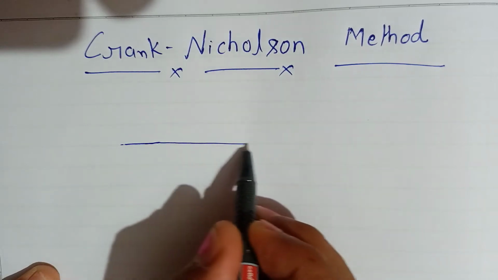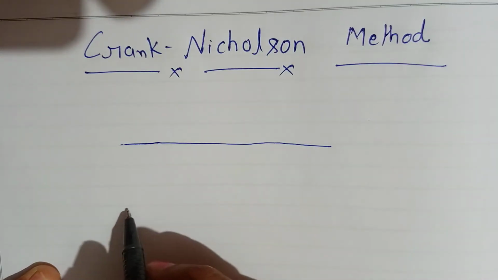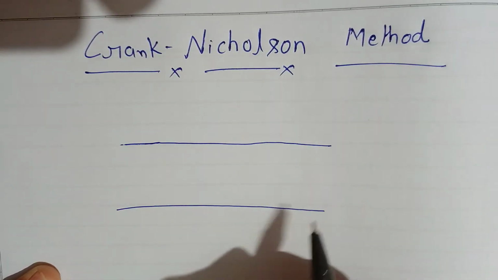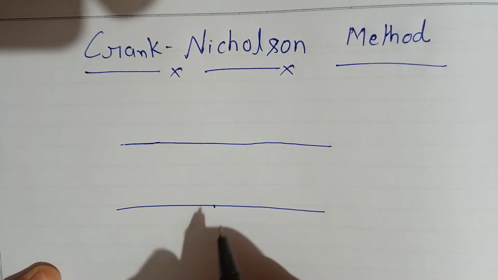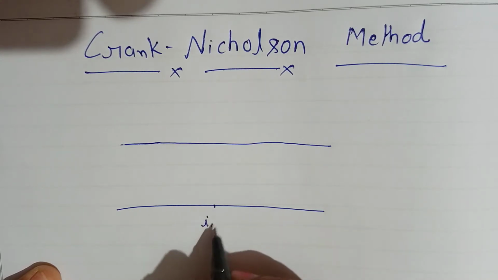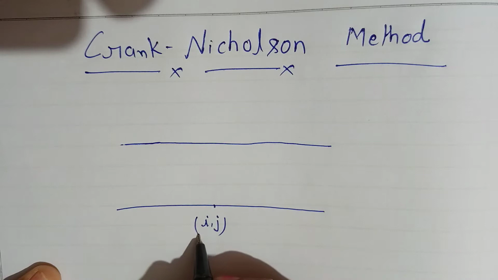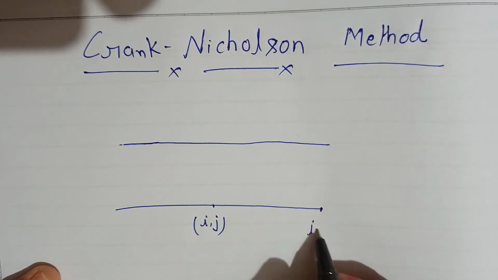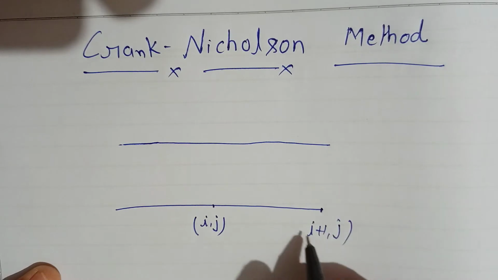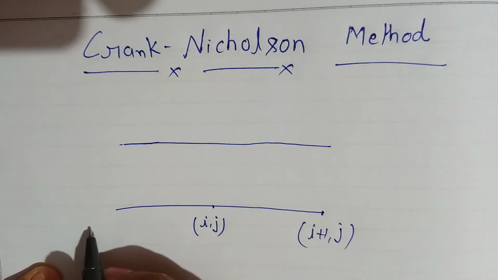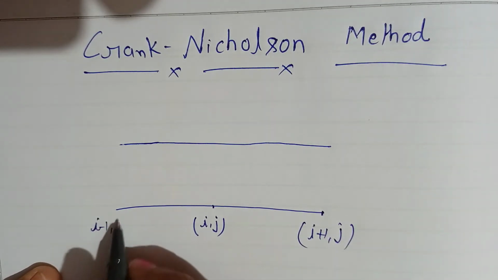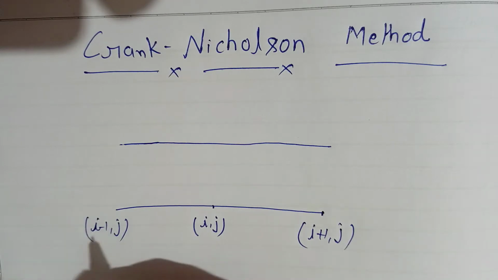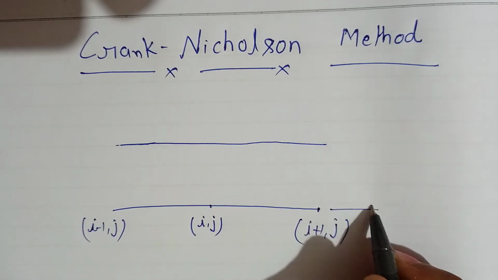If I draw here, if you take these nodes, suppose this is the i comma j node, this will be the i plus 1 comma j node, and this will be the i minus 1 comma j node. And this is the first time step.